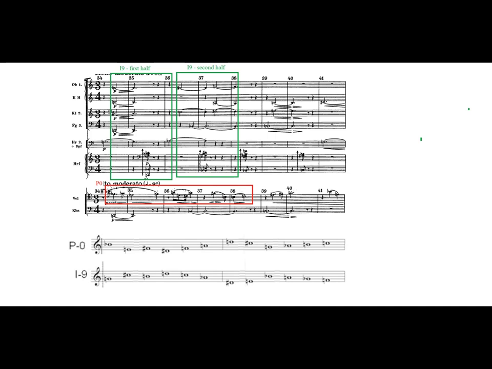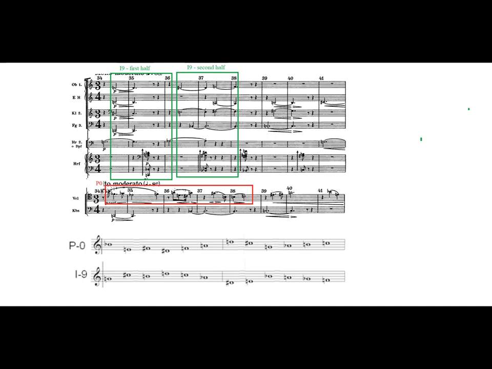The melody is presented in the cello, the second line from the bottom there, and it's a more normal melody perhaps than the Webern, perhaps more traditionally expressive, and it's accompanied by a sort of chordal accompaniment.